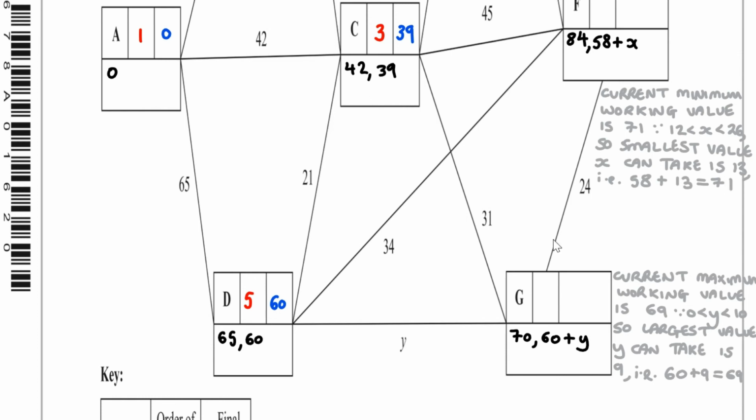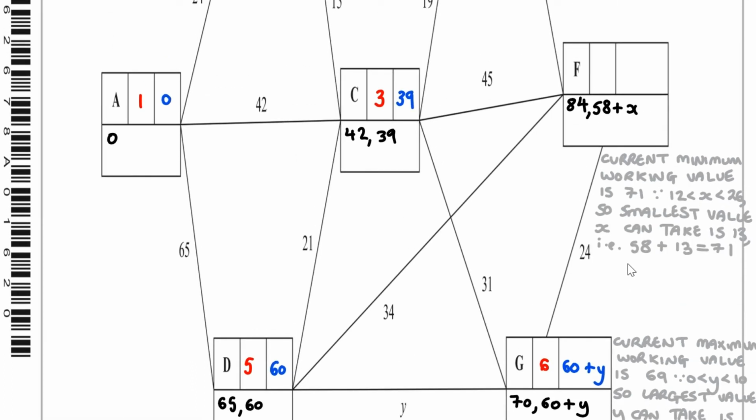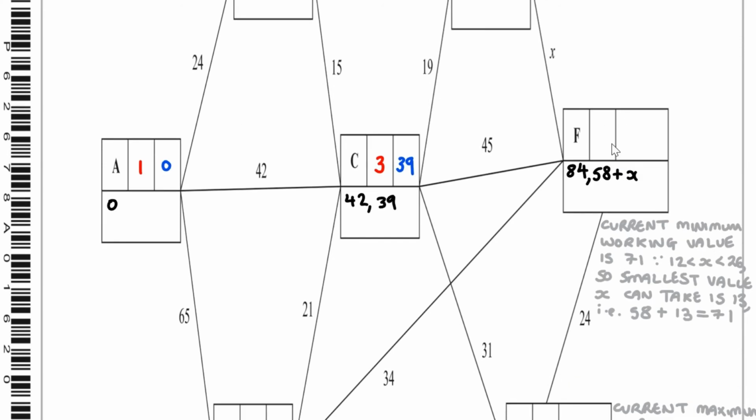So the order of labeling for G is 6, because its current final value is 60 plus y. And if we add 60 plus y to 24, we're going to get a value bigger than 84 if we assume that we have the largest value of 69. So therefore, F has an order of labeling as 7, with us having a final value of 58 plus x.